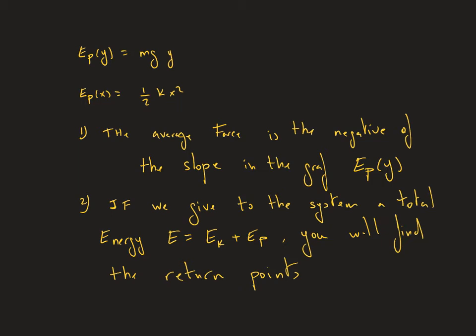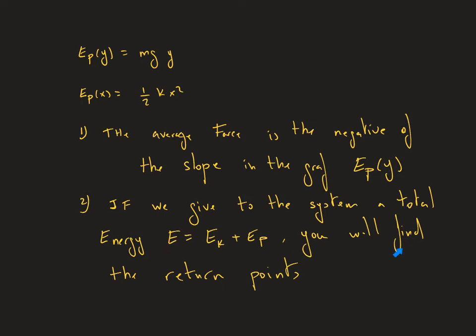So the second thing that we are going to see is that if we give to the system a total energy E, let's say 100 joules, this 100 joules is shared between potential energy and kinetic energy. Maybe 60 of potential energy, maybe 40 of kinetic energy. Maybe the potential energy grows up to 80, so the kinetic energy has to decrease to 20 to keep the total energy 100.